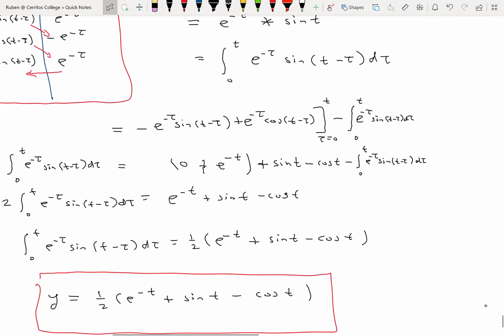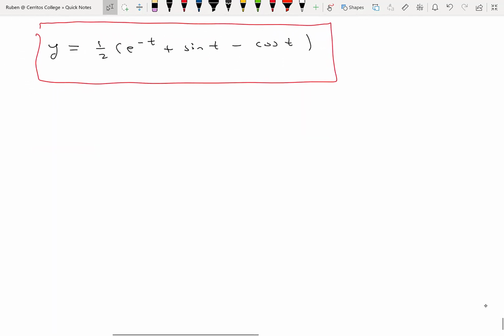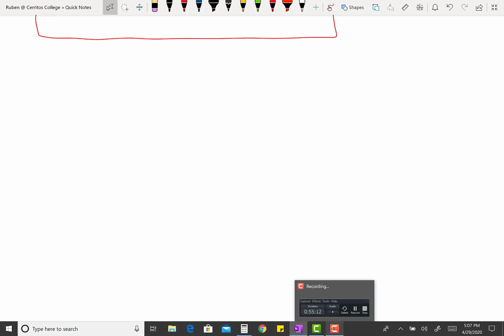Let's take a look at a use of the convolution theorem to solve a very important physical problem that can't really be done with partial fractions alone.